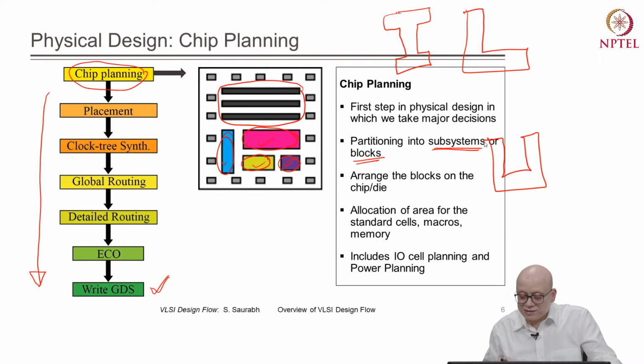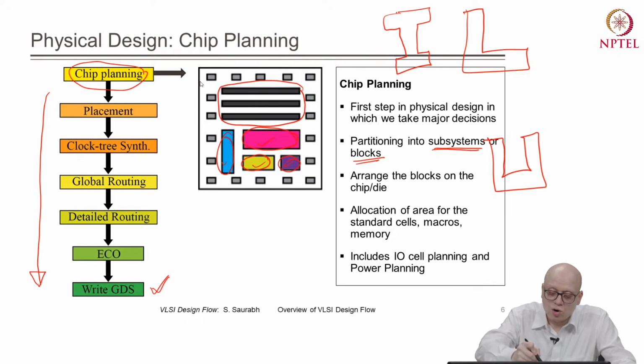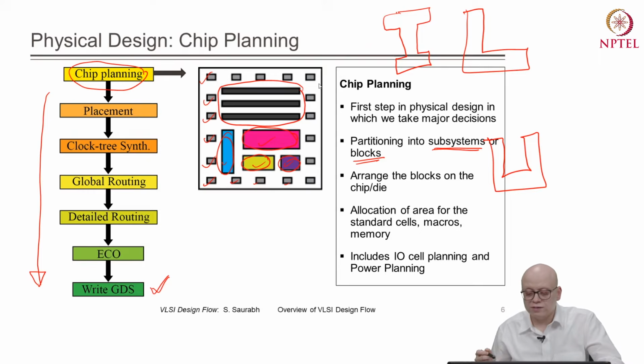Besides this, we also decide the location of the IO cells or the input output cells on the layout. In this case, it is shown that all of them are at the periphery, but it need not be. There are other ways in which input output cells can be placed in different kinds of packaging environments.